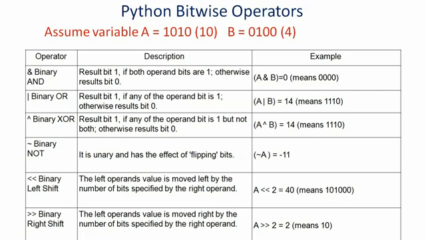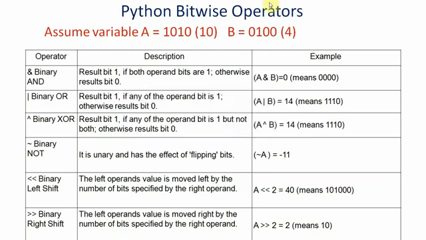Binary right shift, the left operand value is moved right by the number of bits specified by the right operand. A right shift 2 will give us 2. The original value of A will not get changed by the binary left shift or binary right shift operation.